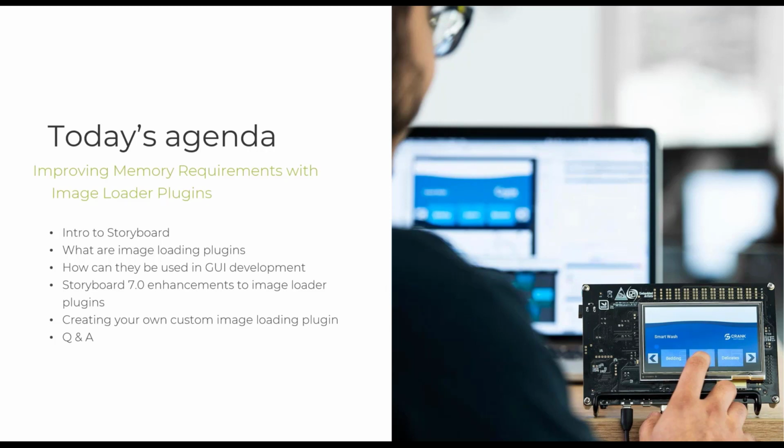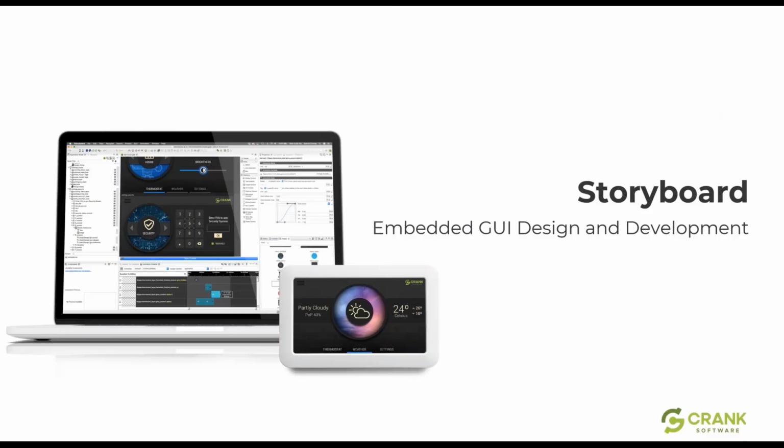We're getting ready to launch 7.0 around the end of February. And then we'll talk about creating your own custom image loader plugins, in case there's some unique image format that you want to support within your GUI application, so you can build your own to leverage those. And then we'll jump into the Q&A portion of today's session.